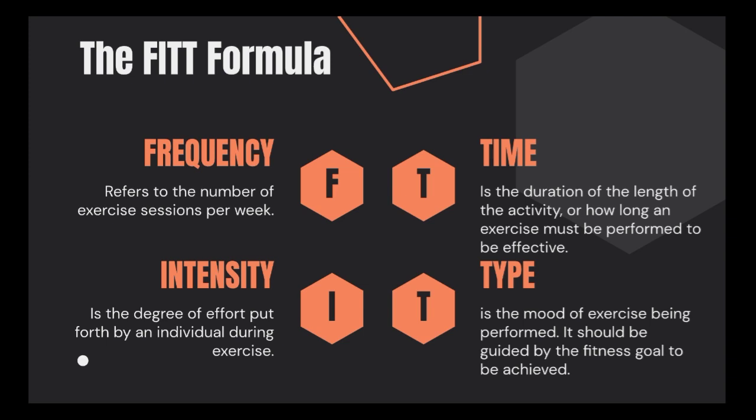And then lastly, the type. It is the mode of exercise being performed. So it means what type of exercise would you like to perform? It should be guided by the fitness goal to be achieved. So all of these are connected to your goal. The FITT principles depend on the goal that you want to achieve.